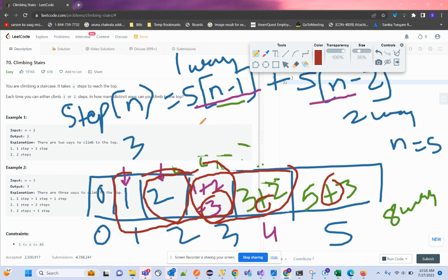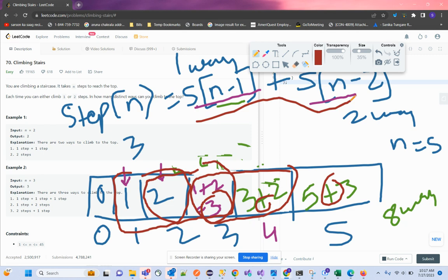So every time you have to have this formula to reach your targeted step, and this way we are not doing the same steps again and again, the way I showed you in the brute force approach. Because here we are doing memoization, we are storing in the memory that for step 1 we need only one way, for step 2 we need only two ways, and on the basis of that we can come to a conclusion how many ways are needed to reach a particular step.